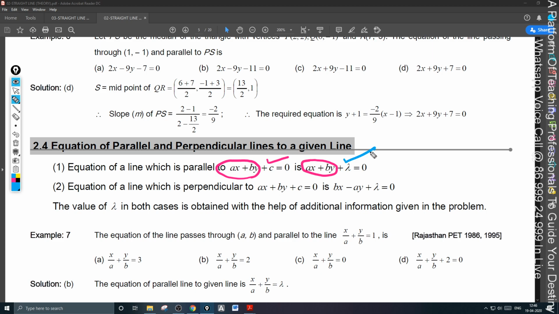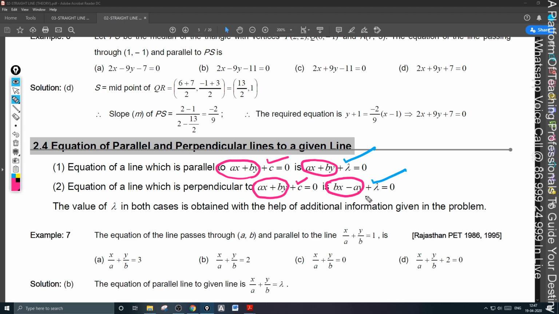Now coming to the perpendicular lines. If you see the perpendicular line, it is ax plus by plus c equal to 0. The constants will be different for this. But the product of the slopes of perpendicular lines is always minus 1, and hence this is ax plus by, this will be bx minus ay.